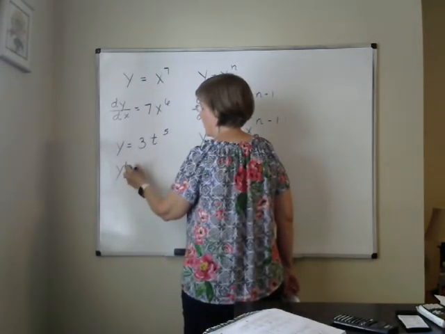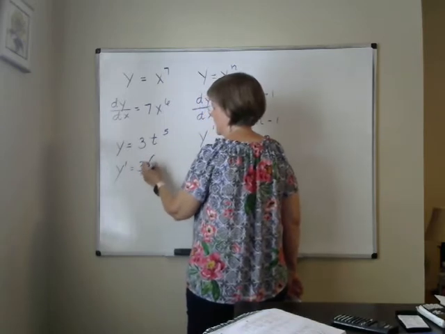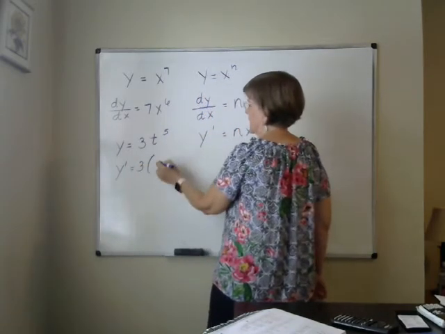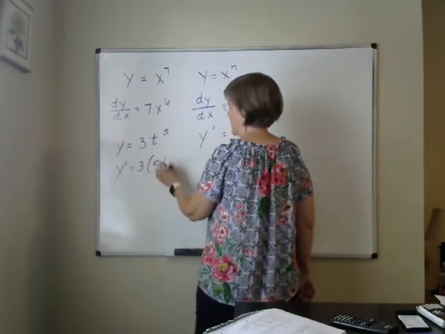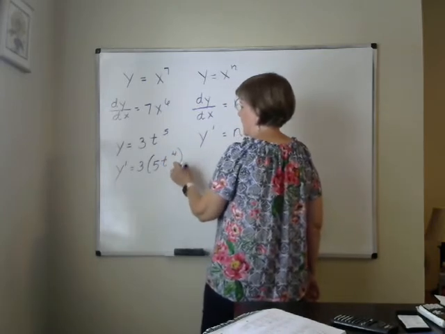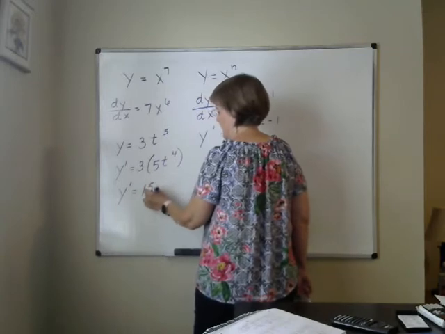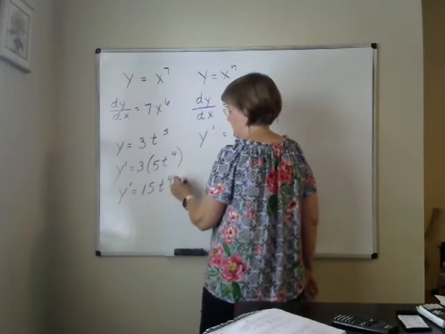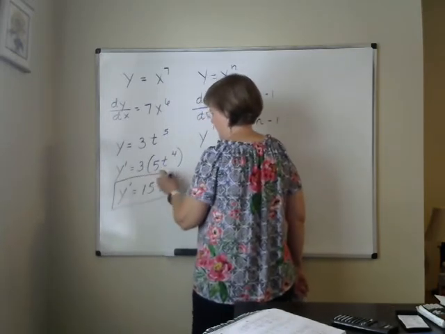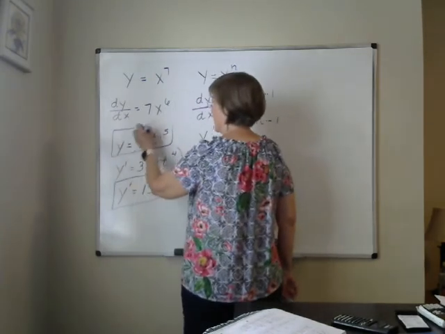The derivative y prime would be 3 times, and then the derivative of t to the 5th is 5t to the 4th power. So I end up getting that the derivative is 15t to the 4th.